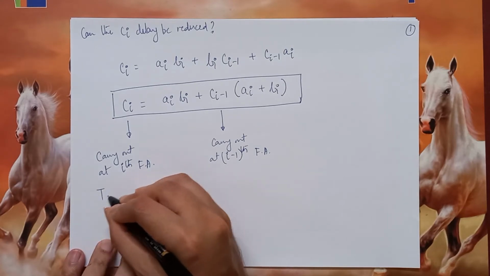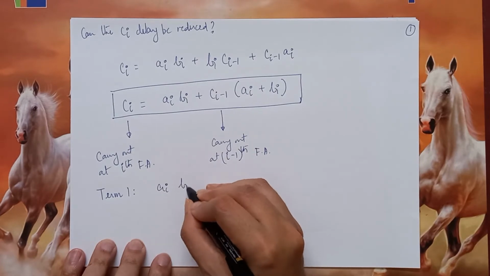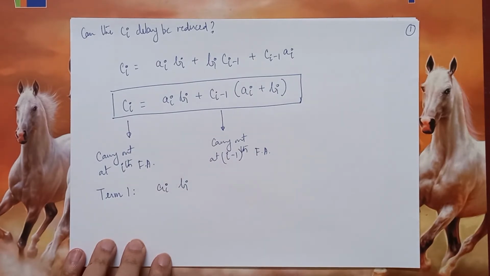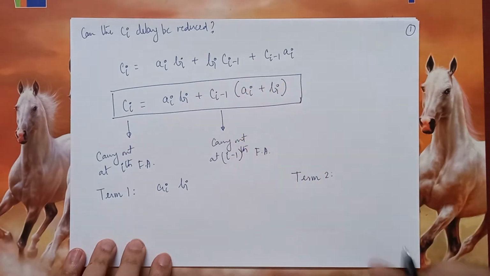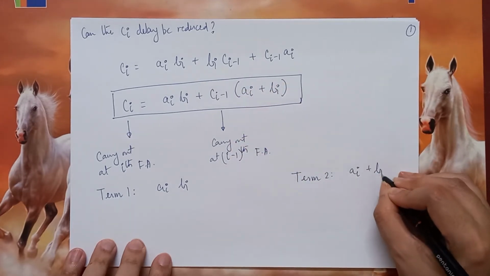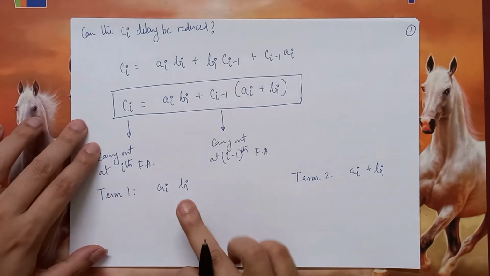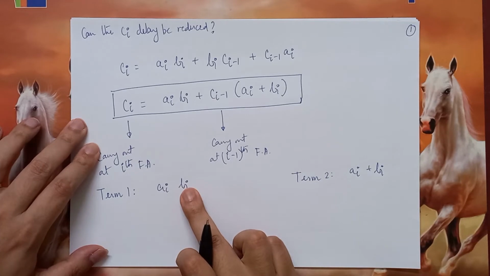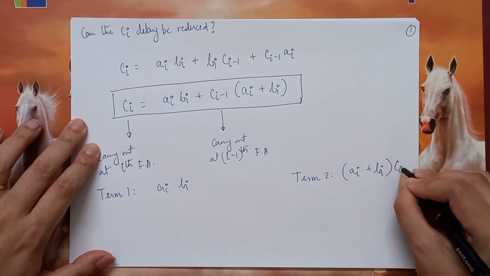So let's say term 1 is this one, which is ai times bi, and let me call this term 2, which is ai OR bi, times Ci minus 1.